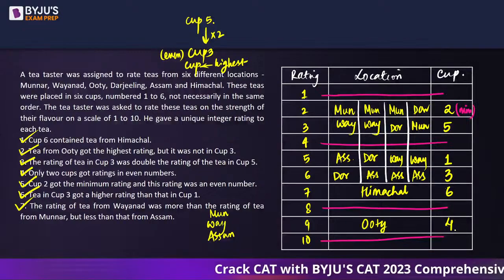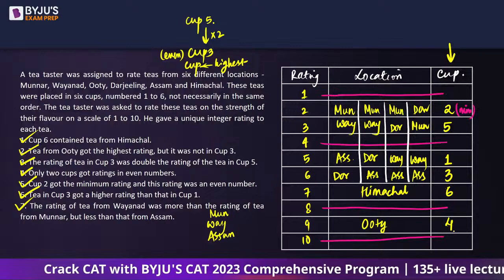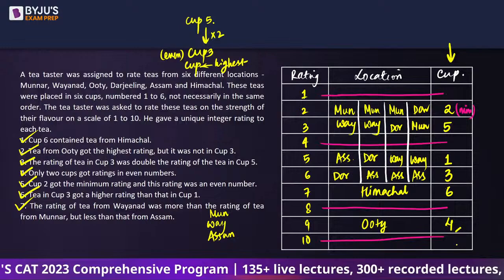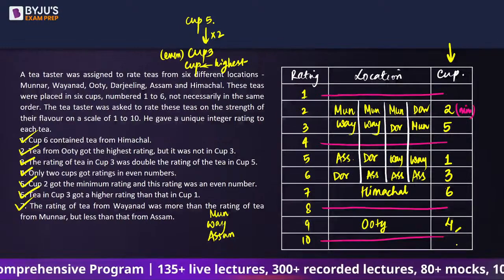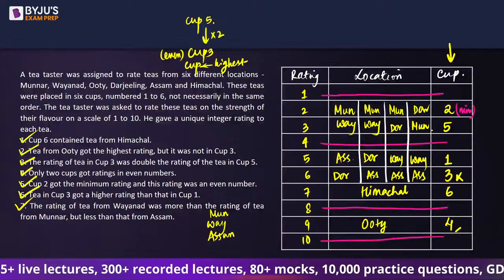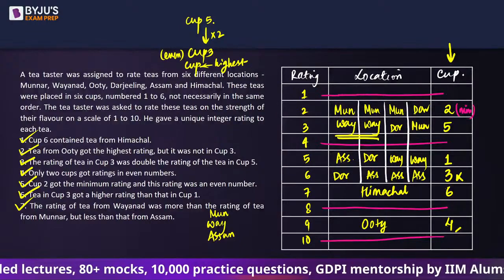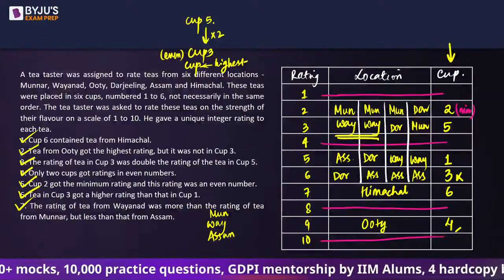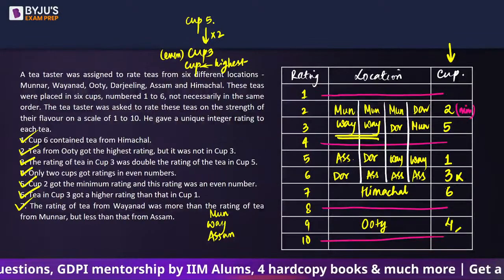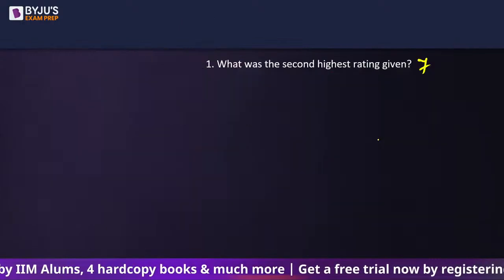Now Ooty is 4, see the cup number is the last column, right? So Ooty ka cup number 4 hai, and if you want Wayanad ka cup number to be consecutive with Ooty's cup number, it's going to be either 3 or 5. Now 3 pe we do not have any Wayanad. At 5 we do have Wayanad, so we have got these 2 possibilities, right? In both of these cases, Munnar, Wayanad is the second and third rating, and 5th and 6th go to Assam and Darjeeling in some order.